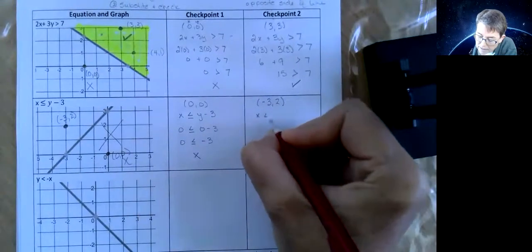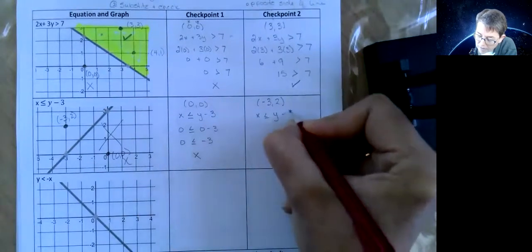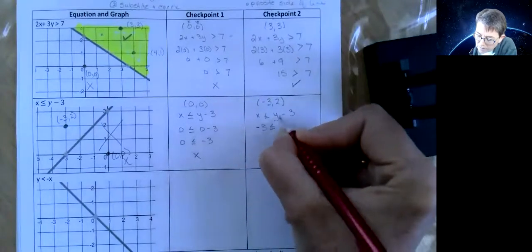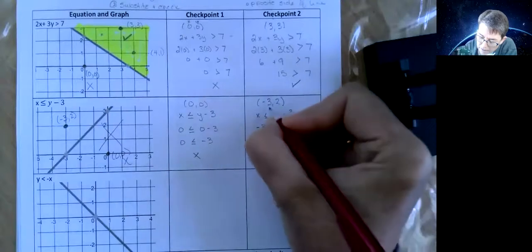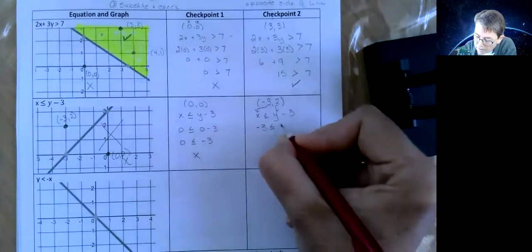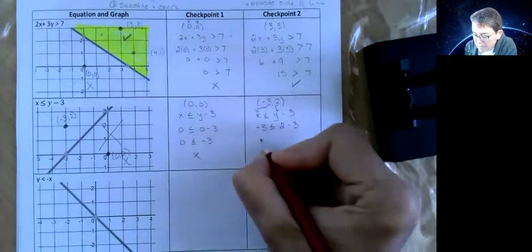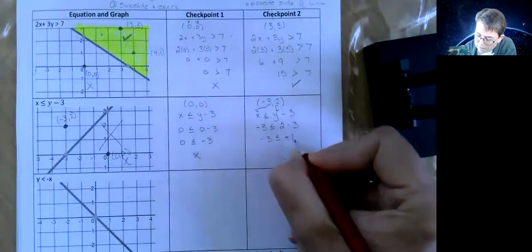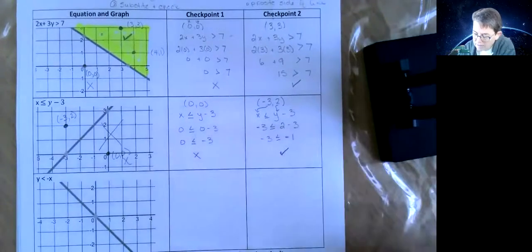x less than or equal to y minus 3. So minus 3 is less than or equal to y, which is 2. And you know what? You can even do it like that: 2 minus 3. So minus 3 is less than or equal to 2 minus 3, which is minus 1. That is indeed correct.